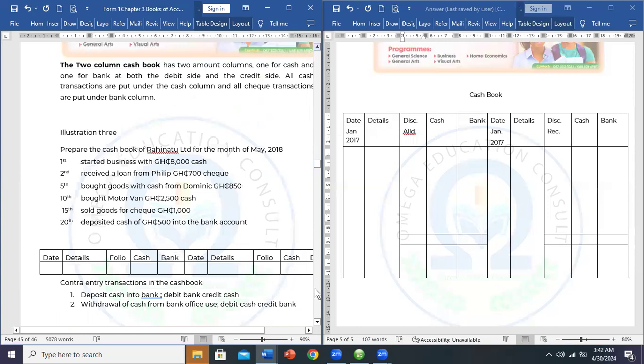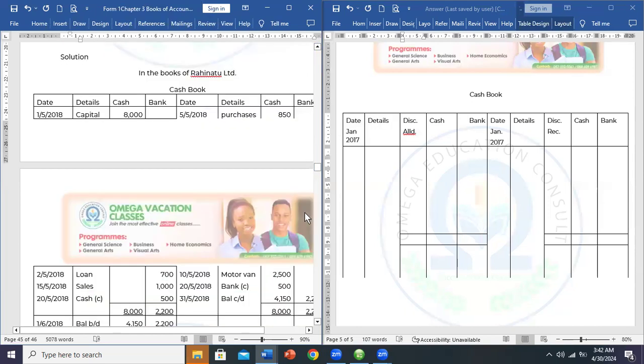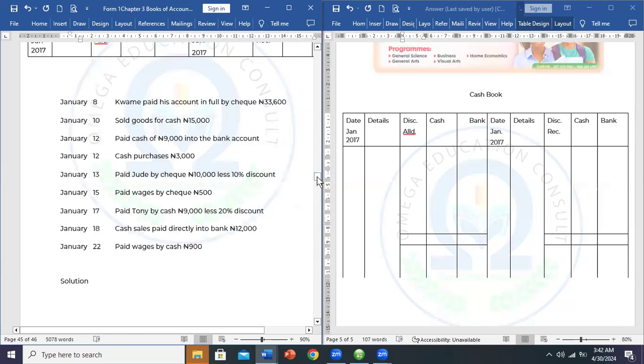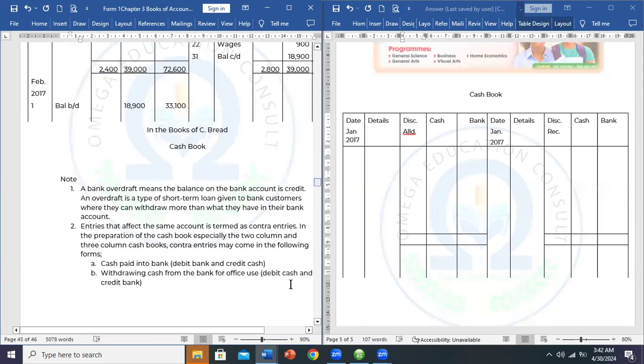Now the question is, can cash also have a credit balance? Never. Cash will never and can never. I'm emphasizing it again. Cash can never and will never have a credit balance. Worst case scenario, your cash account will go to zero, but it cannot attain a negative.